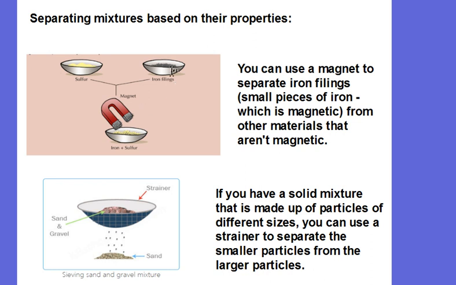The magnet will pick up all of these little pieces of iron filings, and you'll be left with just sulfur behind. If you have a solid mixture made up of particles of different sizes, you can use a sifter or a strainer. Here it says sand and gravel, to separate the smaller parts from the larger parts. The smaller part will go through, the bigger part will be left behind in the strainer.